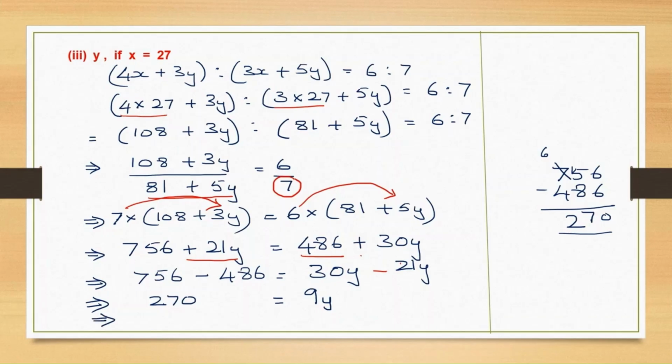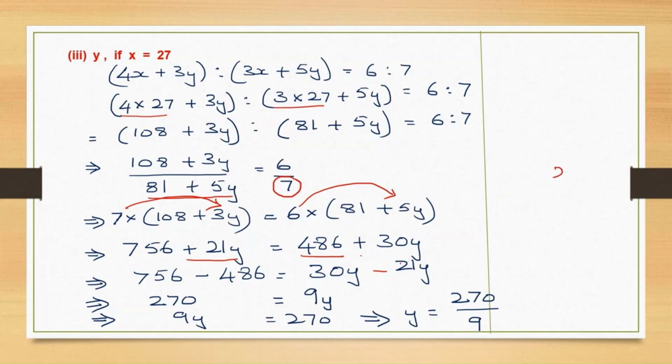So 9y is 270. That means y is equal to 270 divided by 9. So let's do that division. 270 divided by 9. 9 3s are 27 minus, now I carry the 0. So now I've got my answer as 30. So I have found the value of y. y is equal to 30.